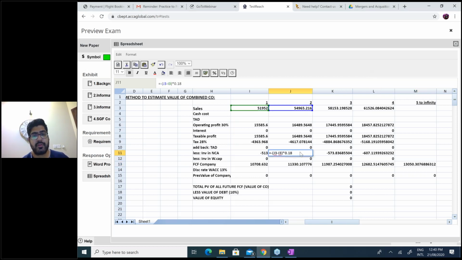It's the difference in revenues, like we did in the last question for the other company: the growth in revenues, taking the difference and multiplying by 18 cents, 0.18.